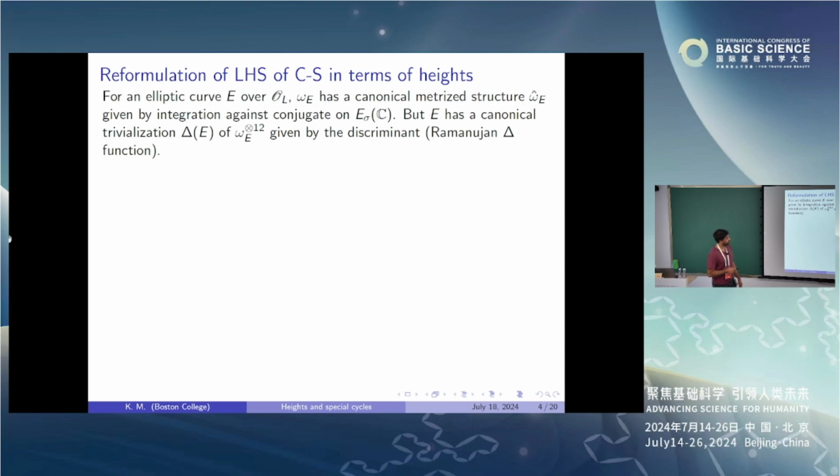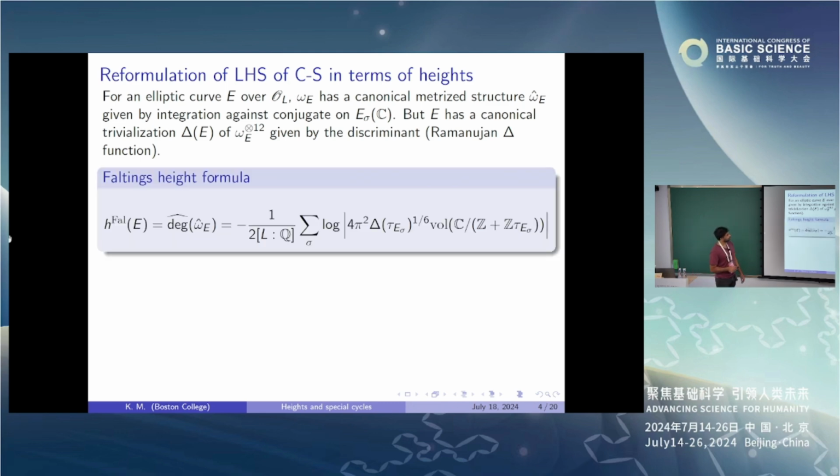But the great thing about elliptic curves is that when you take the 12th power of the canonical bundle, there's a canonical 12-form on each elliptic curve, essentially given analytically by the Ramanujan delta function. And because this has a canonical metric, it really is an invariant of this elliptic curve.